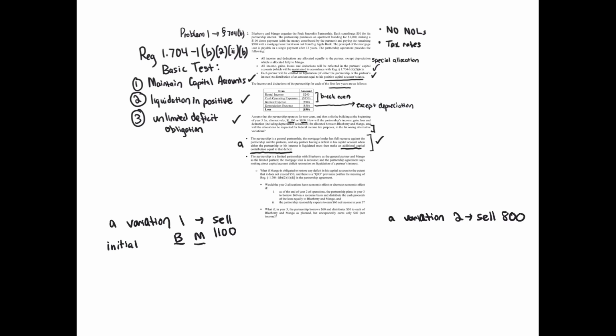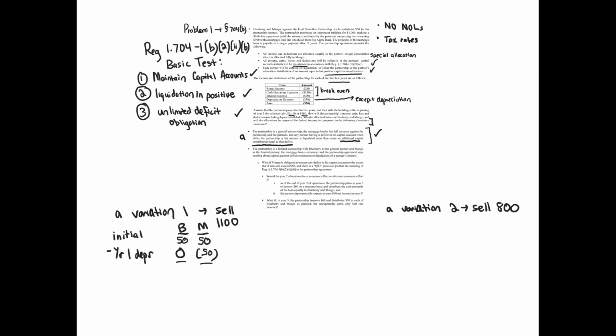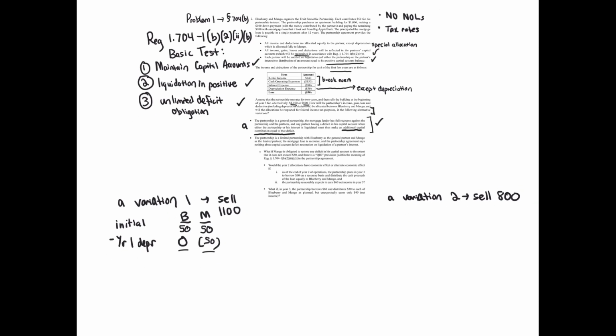The initial balance is $50, right? They each contribute $50 and $50. So year 1 depreciation, remember it's a special, everything break even except depreciation. And Mango gets that. So nothing to Blueberry, minus 50 to Mango. The ending balance, let's say year 1, 50 and 0.